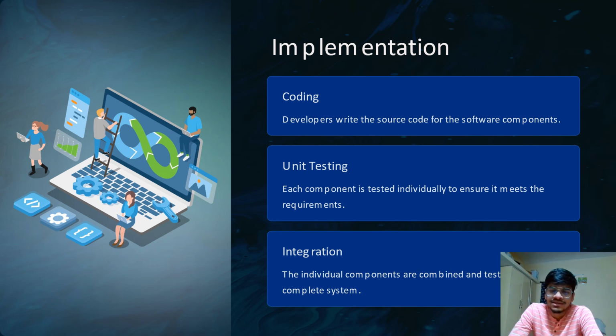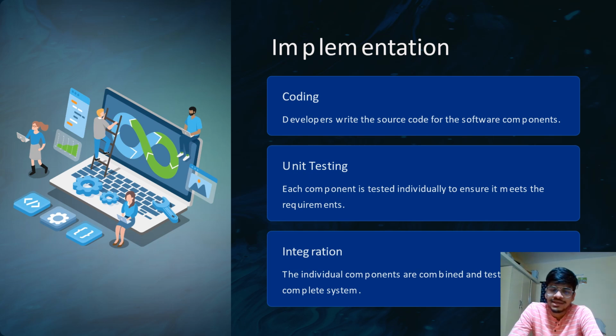Does it satisfy the needs or not, and is it ready to go on with the further procedures and steps? So in unit testing, the components are tested individually to ensure they meet the requirements, like the expected results you want from the software.